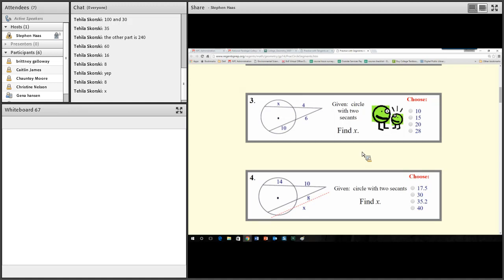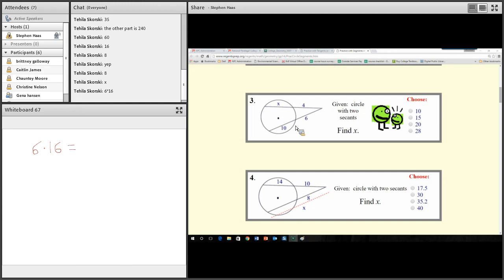Okay, so the lower secant. What should we do for the lower side? What two numbers should be multiplied by each other? The outer part is what? Okay, 6 times 16, good. Because that's the outer part times the entire thing.